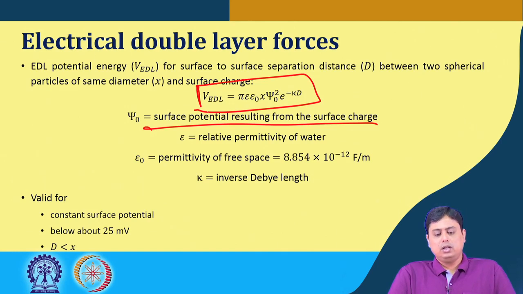If it is not, then it creates some complex expressions. So, to estimate this repulsive potential energy, we now have to know the surface potential that results from the surface charges.